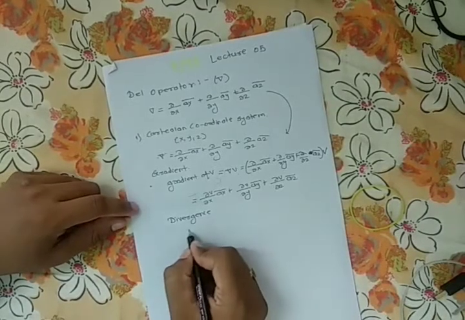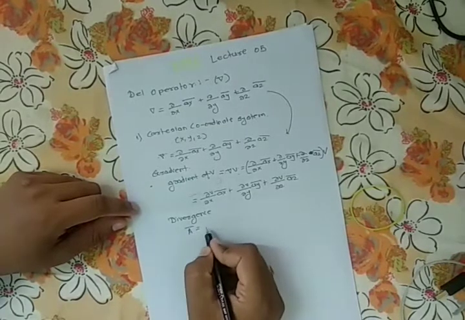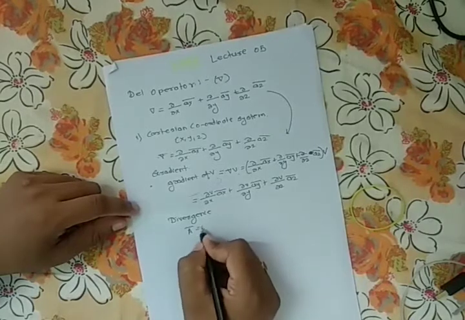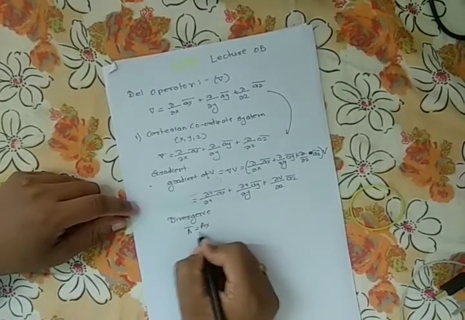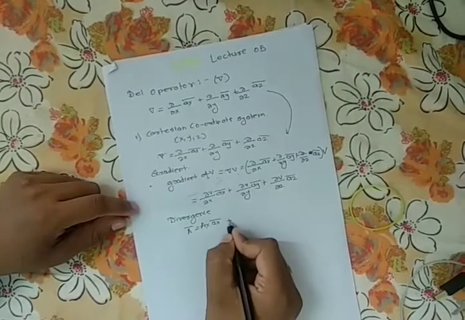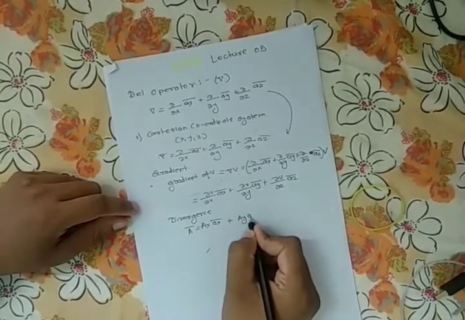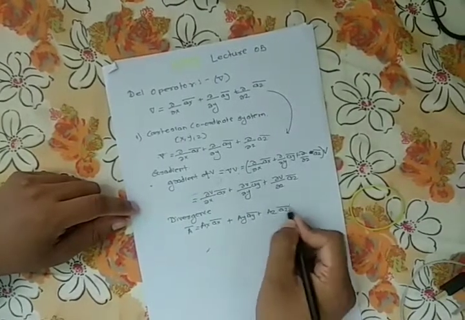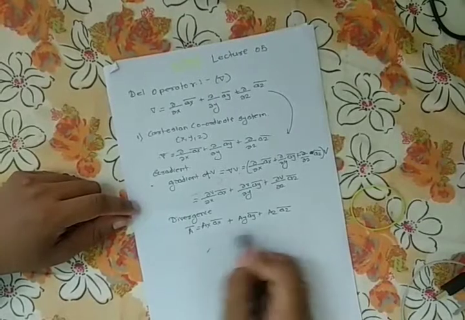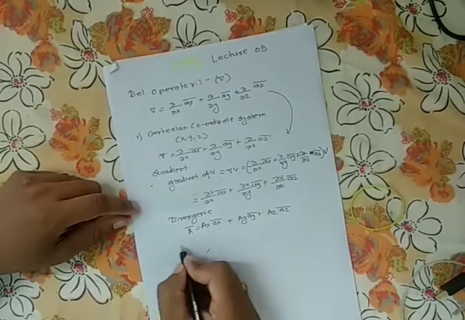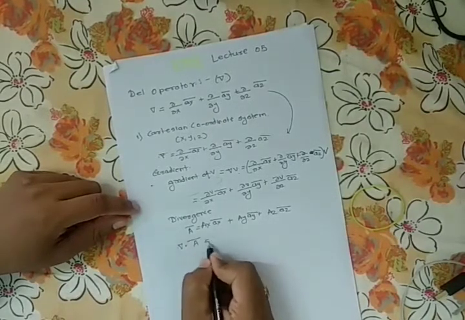So I will use one vector A bar. A bar can be defined by Ax as the scalar magnitude, and the unit vectors are represented by ax bar, ay bar, and az bar. Every vector can be represented like this. So we have to find out now del dot A bar, that is called the divergence.